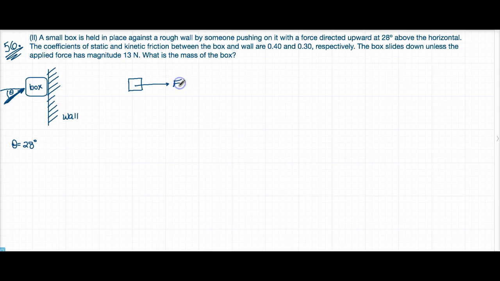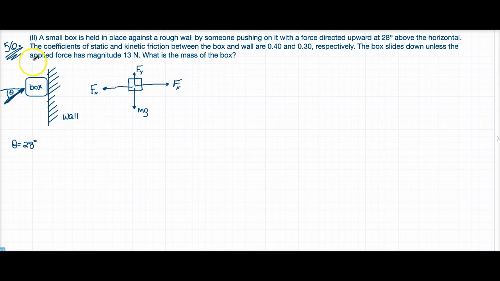So there's going to be the x component of the applied force and also the y component of the applied force. The weight, mg, is directed downwards, and there's also a normal force of the wall pushing back on the box. Of course, this is an electromagnetic force due to the electrons in the wall and the box.